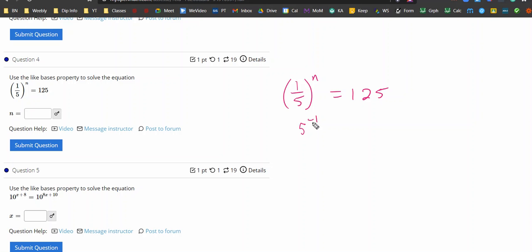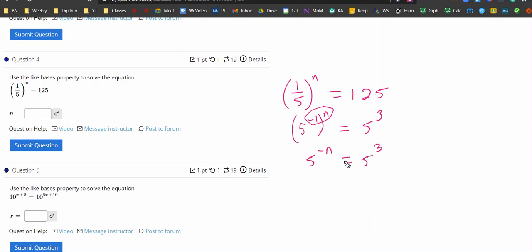So far I've got 5 to the power of -1 to the power of n is equal to 125. That's the same thing as 5 to the power of 3. Now, a power to a power, I could have written this right off the bat as just 5 to the power of -n is equal to 5 to the power of 3.